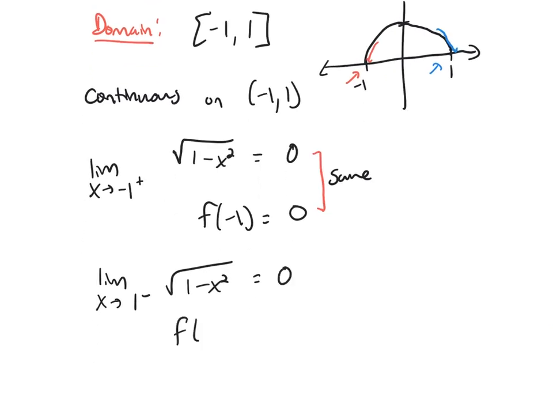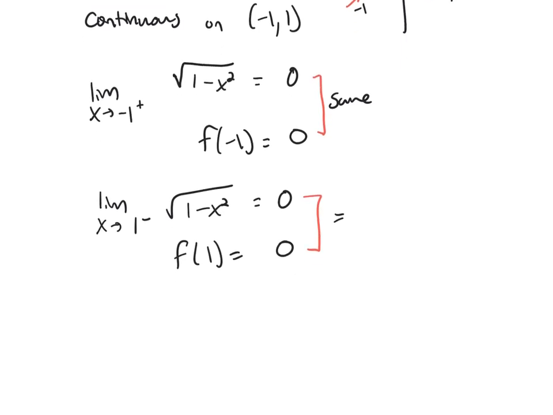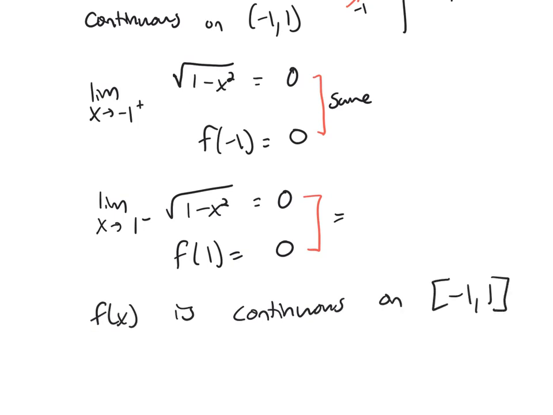And this is the same thing I get as plugging 1 into my function. These are the same, they are equal. And so now I can conclude that my function f of x is continuous on the whole interval -1 to 1.